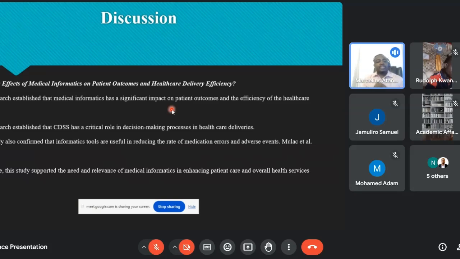Therefore, these studies support the need and relevance of medical informatics in enhancing patient care and overall health service delivery.